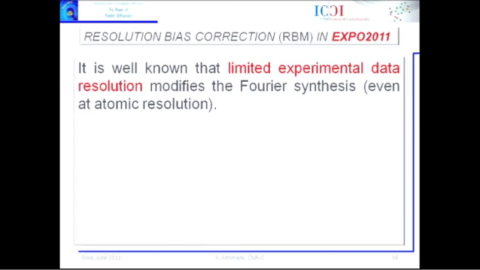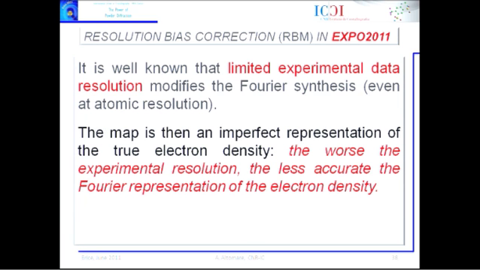In fact, we know that the limited experimental data resolution distorts the Fourier synthesis even at atomic resolution. It happens that the map is an imperfect representation of the true electron density. The worse the experimental resolution, the less accurate the Fourier representation.